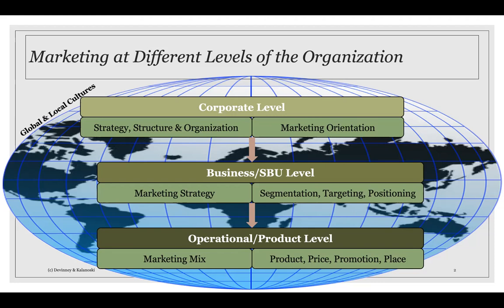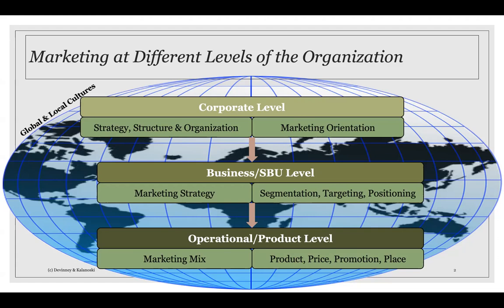At the corporate level or at the headquarters level, you have a lot of discussion of strategy, structure, and organization. And in the marketing literature, this pops up as a notion around market orientation. And that is, how are you oriented in terms of the nature of your customers and the variety of markets in which you're operating.